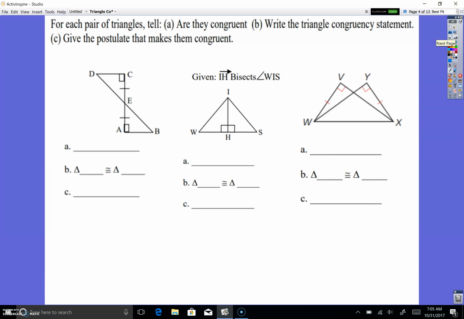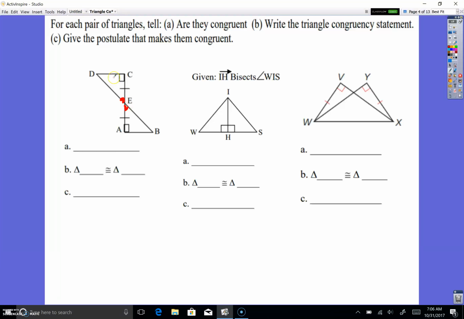For each pair of triangles, tell if they are congruent. Write the congruency statement and then give the postulate that makes them congruent. It's almost like the first part that we did. If I have this right here, I have the two angles being the same. Now I have a side, and because of vertical angles, this is congruent to this.